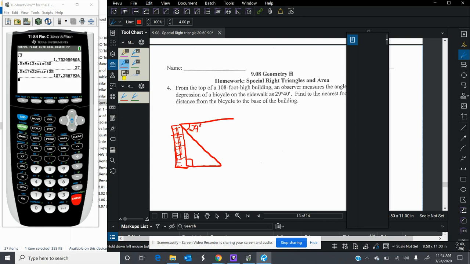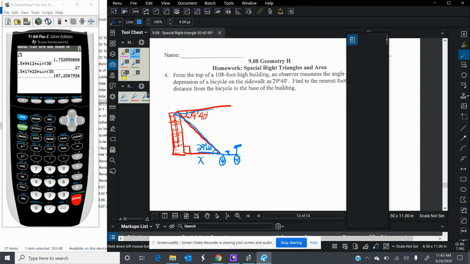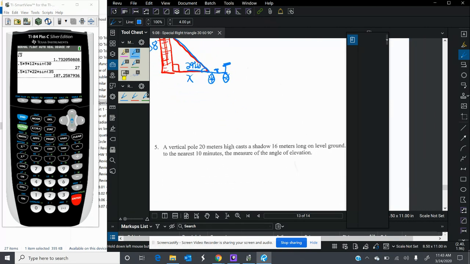It's 29 degrees 40 minutes. That is always the alternate interior angle to the angle of elevation, 29 degrees 40 minutes. Okay. So then you can measure to this bicycle. Really bad diagram. But they're trying to find the distance that bike is to the base of the building. The building is 108 feet tall, if that diagram helps at all.